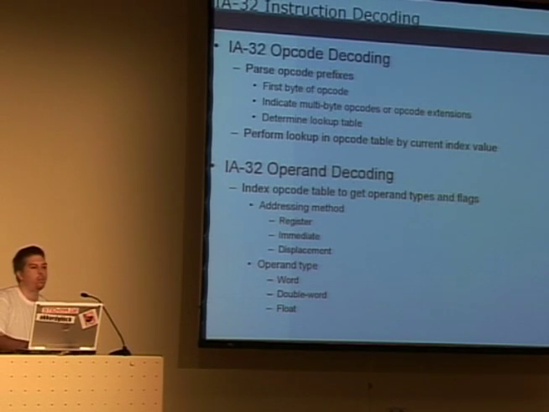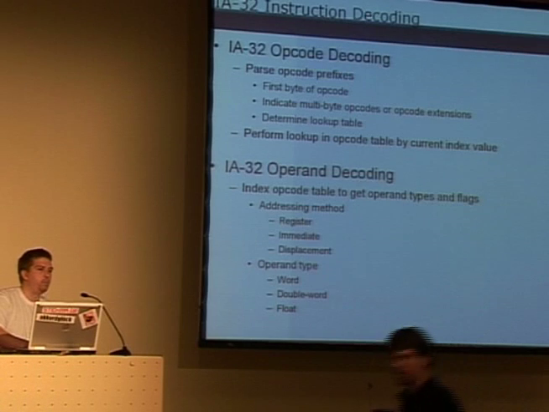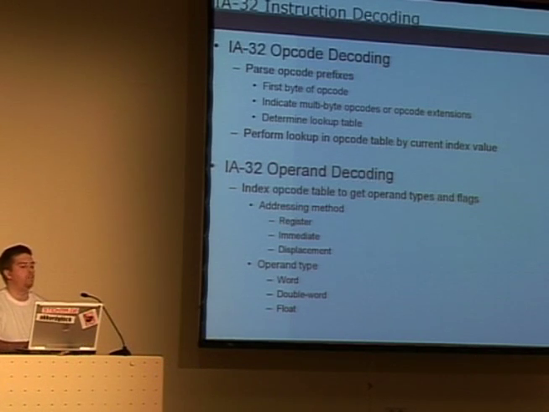So you determine which table you're going to do your opcode lookup in, and then just index by the opcode number. Then you parse the addressing method of the operands, whether it be register, immediate, or displacement value from another register, and the size or type of the data it's going to be using in that opcode.